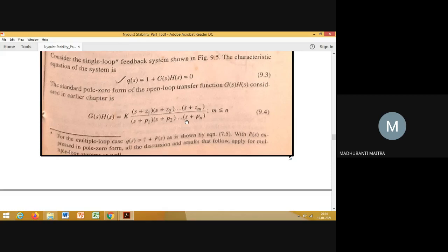S plus 1 means the first open loop pole is lying at S equal to minus 1. S plus 2 means the second open loop pole is lying at S equal to minus 2. And since the third one is S minus 3, that particular open loop pole is lying in the right half of the S-plane. Hence, the number of open loop poles lying in the right half of the S-plane is equal to 1. So how many open loop poles are actually lying in the right half of the S-plane can be determined by looking at this particular open loop transfer function.